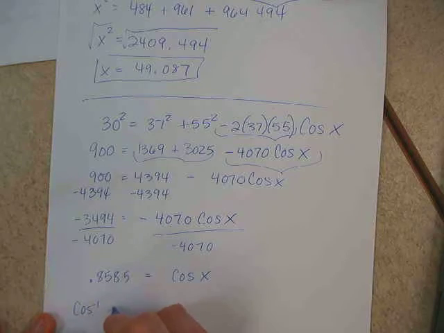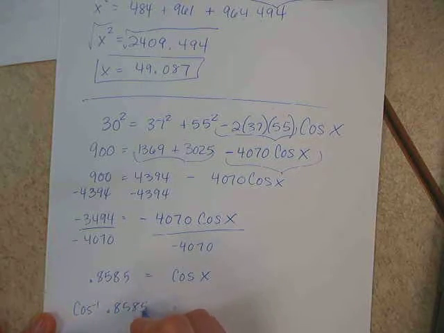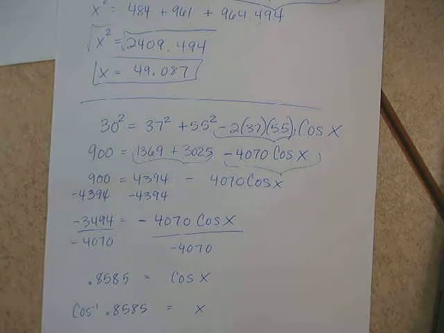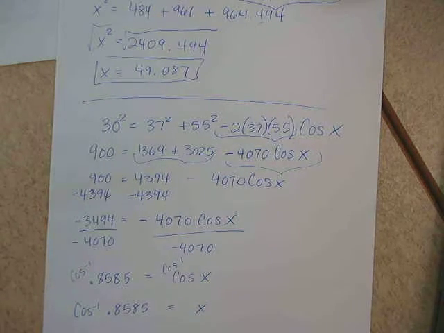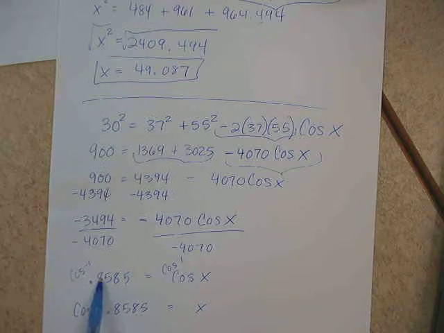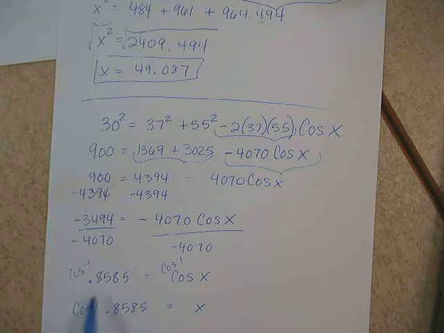And hopefully you're coming up with 149.145, 146. Okay, we'll have to talk about your calculator, but you're basically doing the inverse cosine of that, because we do it to both sides.